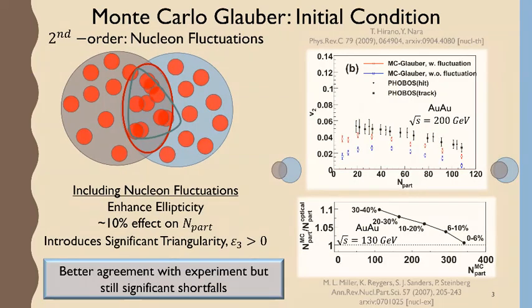Yeah, and the plot on the previous slide is plotting the V2. So it's using an initial state with these different fluctuations, and then doing the hydro on top of that and seeing what the agreement with data will be.